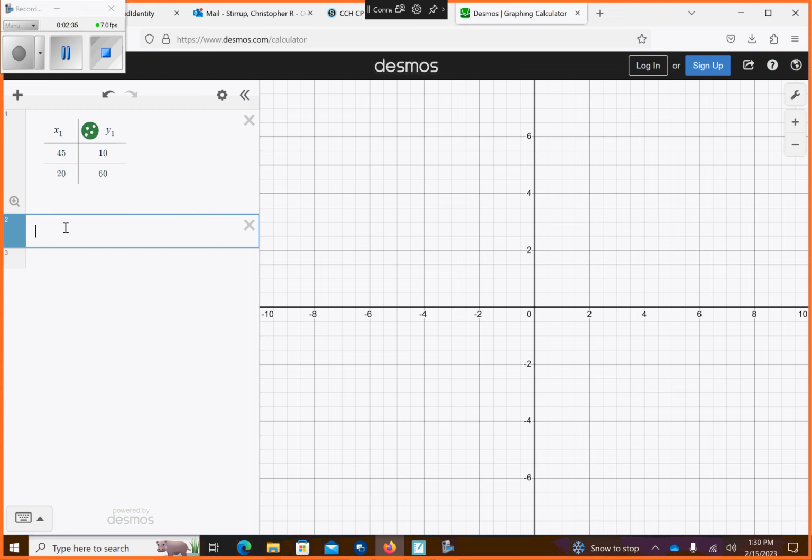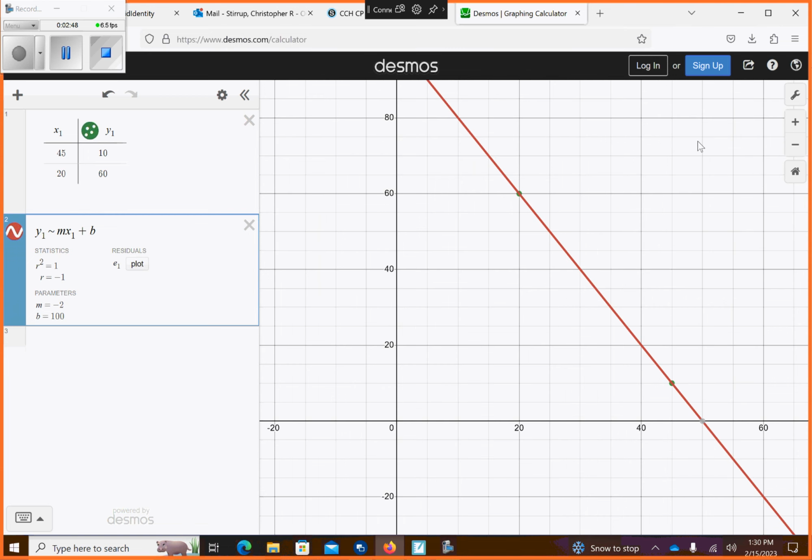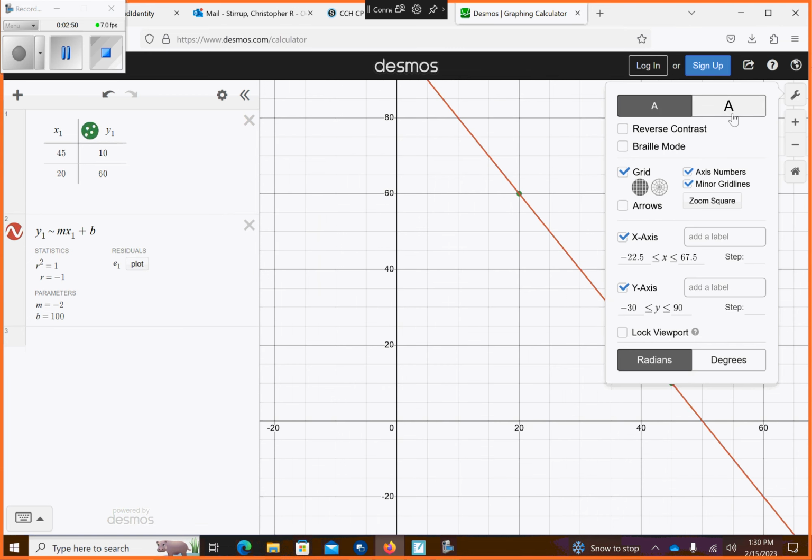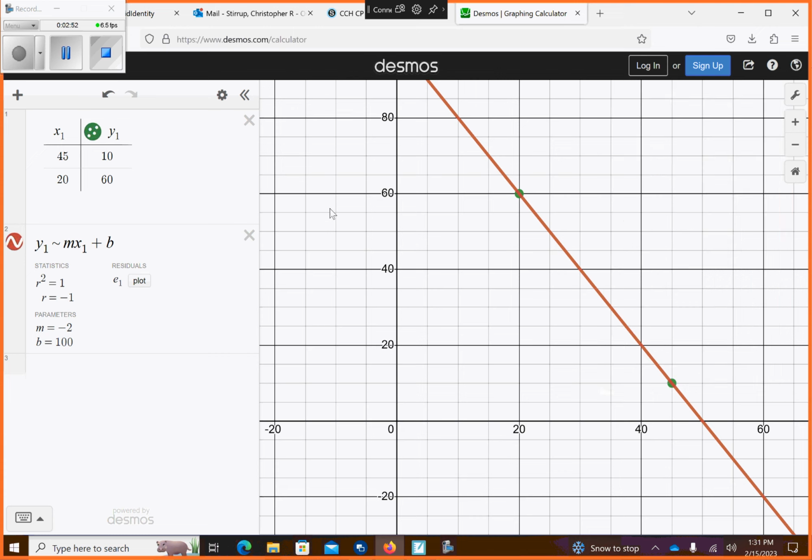Cool. And then I can go y sub 1 tilde m x sub 1 plus b. Okay, and so we do that. It's going to take us there. Let's darken it so we can see the beauty. There's our first one. So that equation is a demand because it's going down.